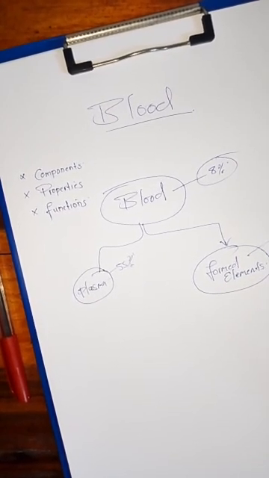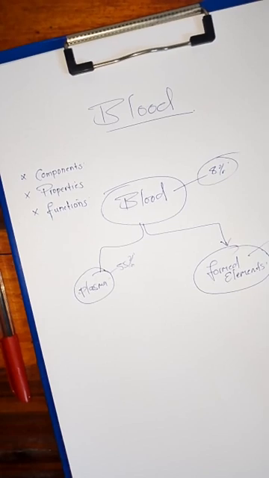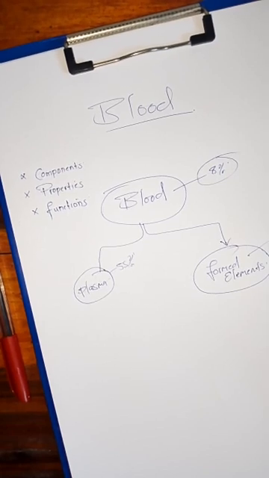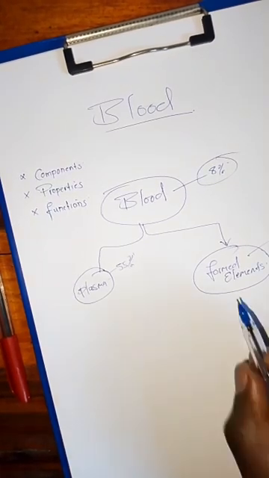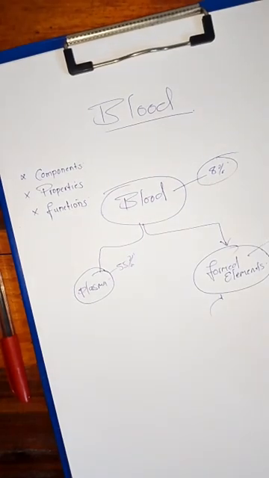And in these formed elements is where we find cells like the red blood cells and other things that we are going to look at. So plasma will be about 55%, and formed elements, or specifically the red blood cells, will constitute about 45%.